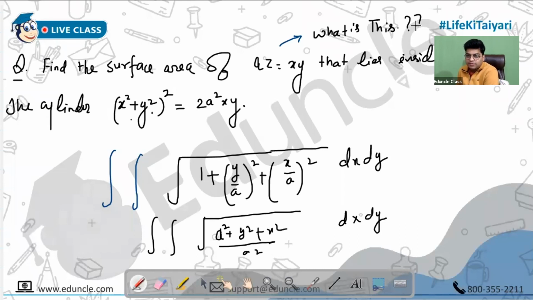You have, I think you have studied rectangular hyperbola xy is equal to c square. So when you put z value something constant, then what will happen?